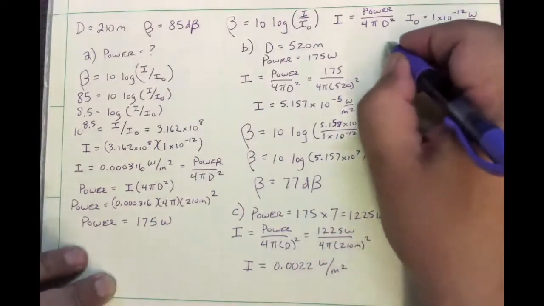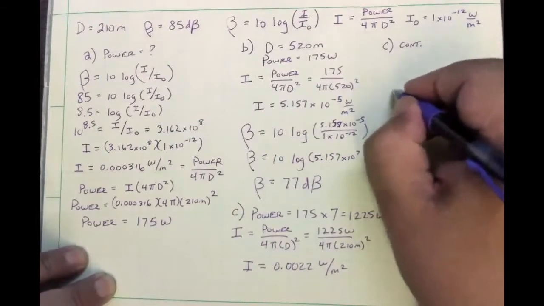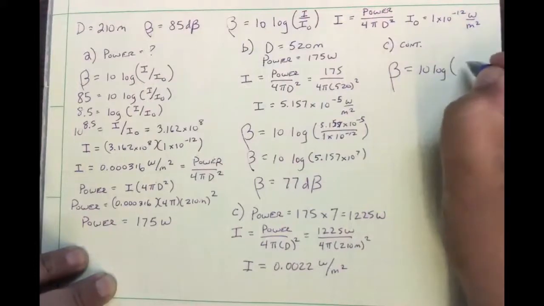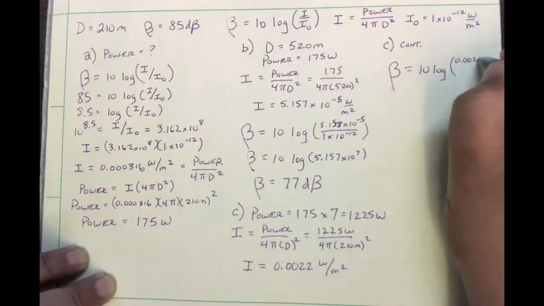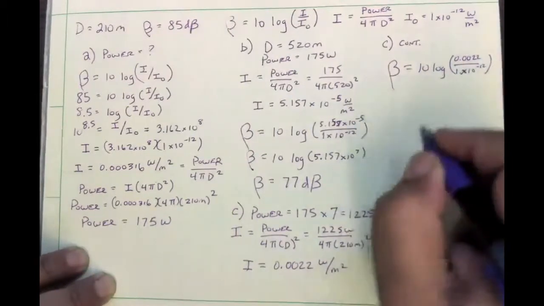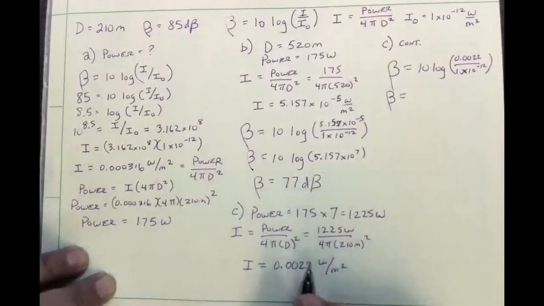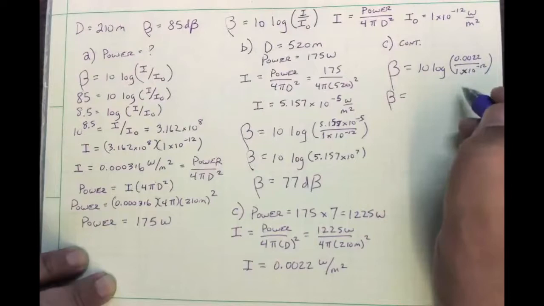All right, continuing part C, we then calculate the new decibel level, which is 10 times the log of our new intensity, 0.0022, divided by the threshold of hearing, 1 times 10 to the minus 12.